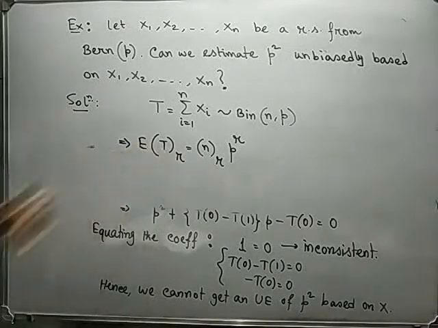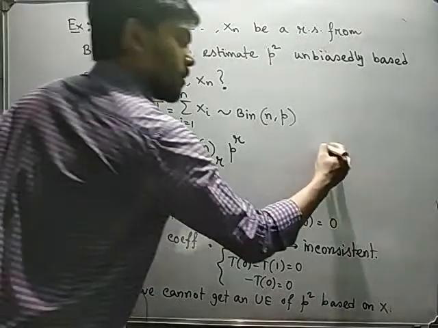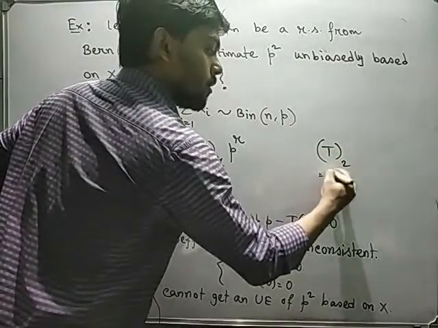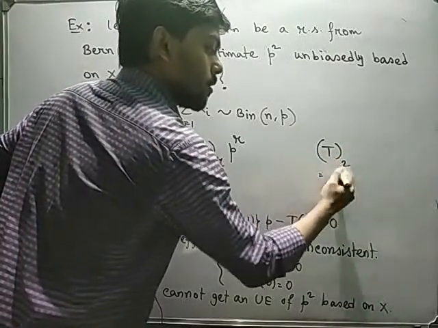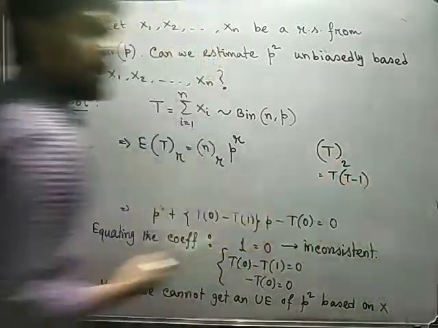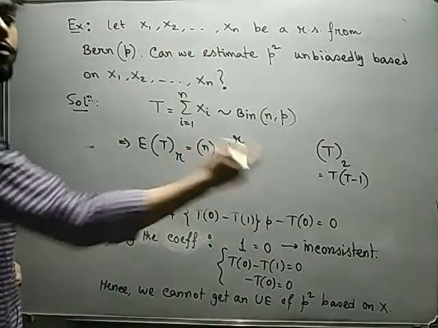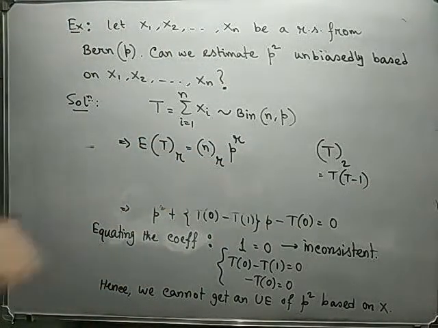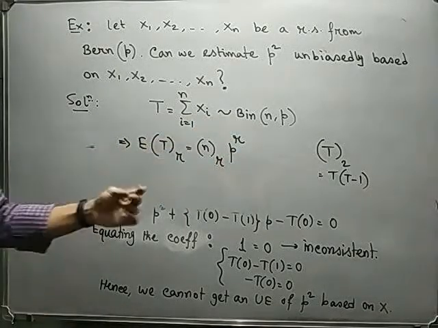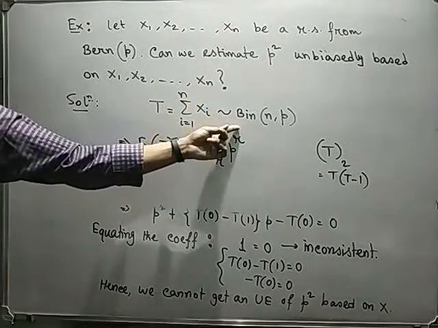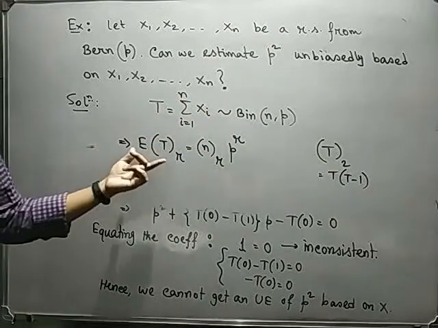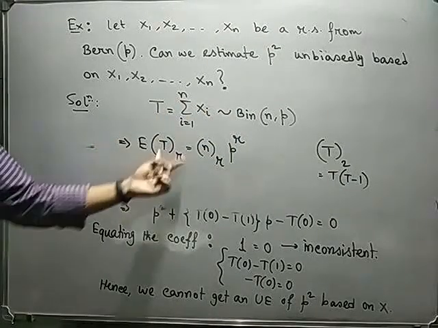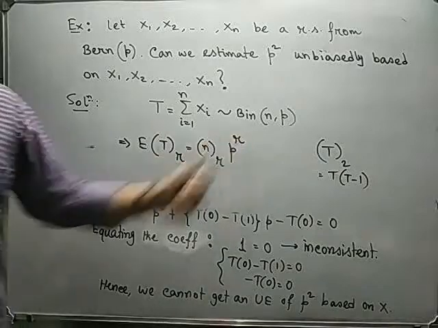So, let's say T^(2) is t into t minus 1. Similarly, T^(3) would be t into t minus 1 into t minus 2, and so on. We all know that for the binomial, as it is a discrete distribution, we always calculate the factorial moment. Okay, so this expectation of T^(r) is n^(r) into p to the power r.